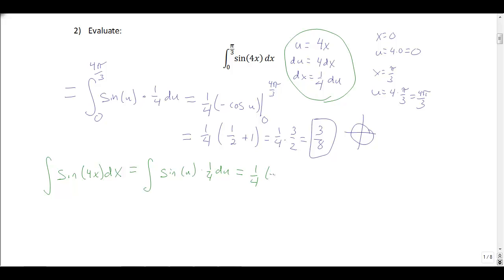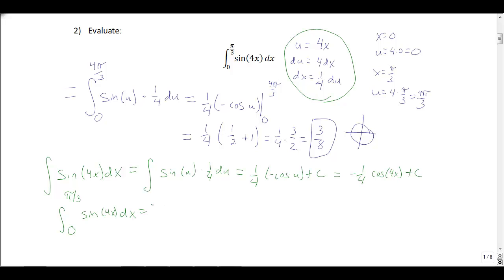I get 1/4 times negative cosine u, really plus c. And then sub in the x. I'm going to write this as negative 1/4 cosine of 4x plus c. So I can do an indefinite integral, and that means the definite integral from 0 to pi over 3 of sine of 4x dx.